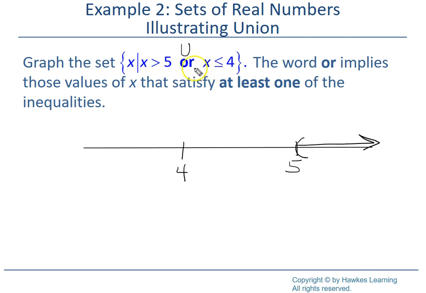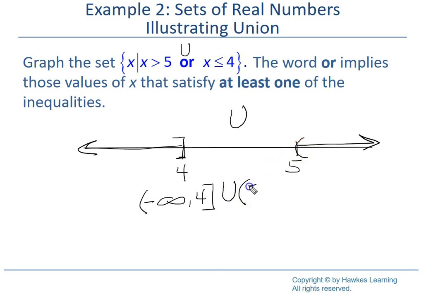And now this one, or it's going to be a union, x is less than or equal to 4. So we're going to use a bracket here. A line going this way. So because it's a union, we indicate this with a U, and if we're going to put this in interval notation, it would go from -infinity out here, comma 4, bracket, the union symbol, and then picking up here with a parenthesis, 5, comma, going to positive infinity.